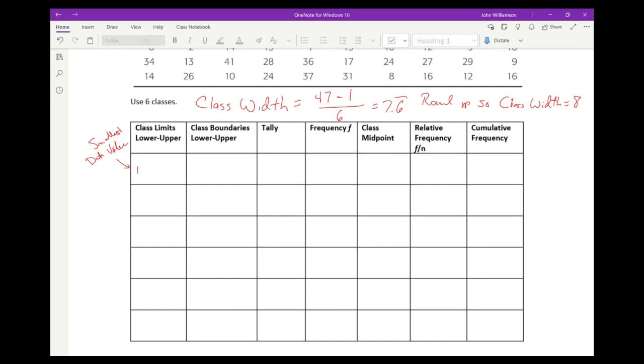Always start with your smallest data value. And then to get to the next class limit, add the class width. So here I'm going to add my 8, and that's going to tell me my next lower class limit, which is 9.